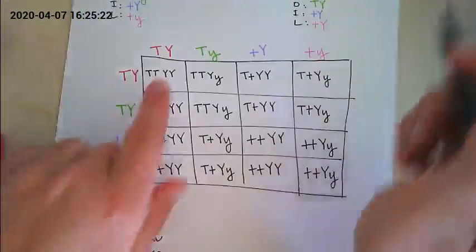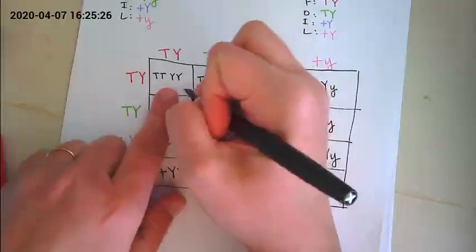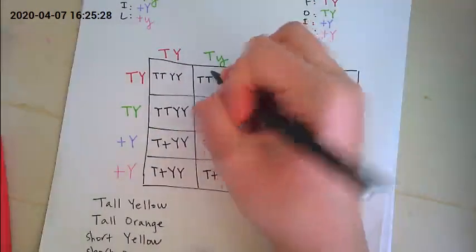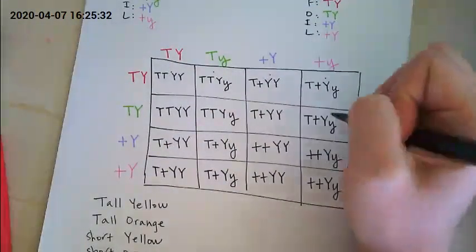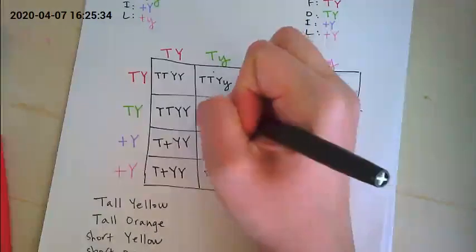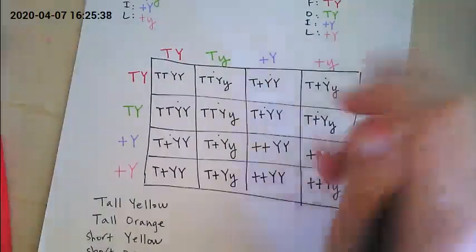All right, so we've got this one, big T, big Y. We got 1, 2, 3, 4, 5, 6, 7, 8, 9, 10.